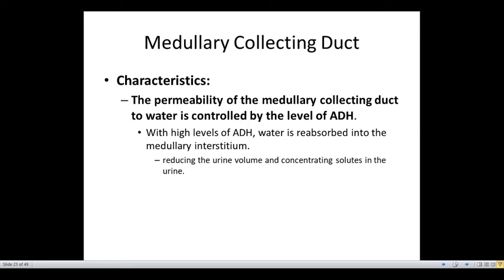Number one, the permeability of the medullary collecting duct to water is controlled by the level of antidiuretic hormone. With high levels of ADH, water is reabsorbed into the medullary interstitium, reducing the urine volume and concentrating solutes in the urine.